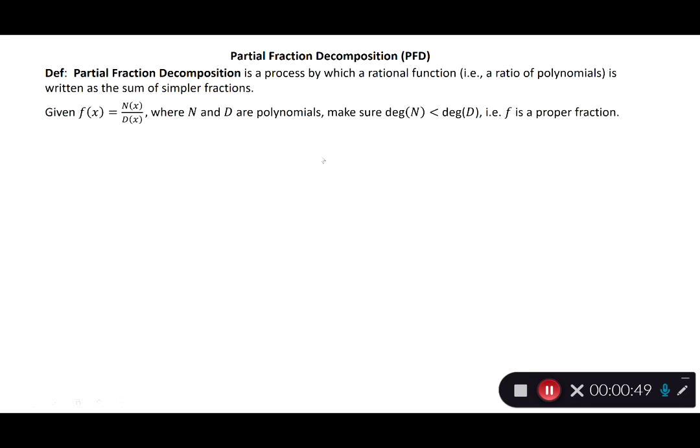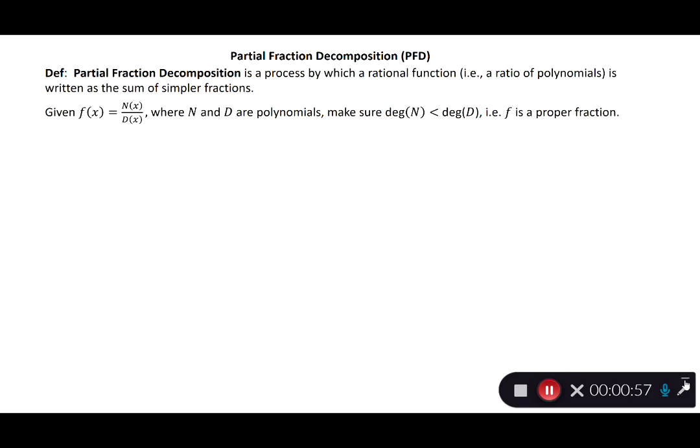Definition. By the way, this is about what's called partial fraction decomposition. It's a process by which a rational function, that is a ratio of polynomials, is written as the sum of simpler fractions. And do you remember from numbers what is called a proper fraction?